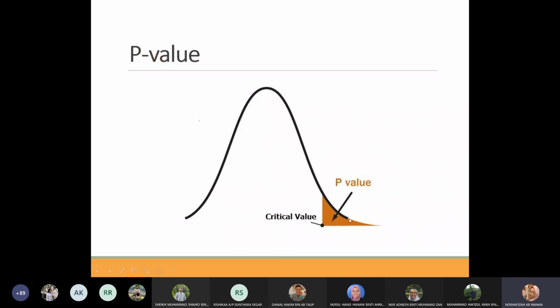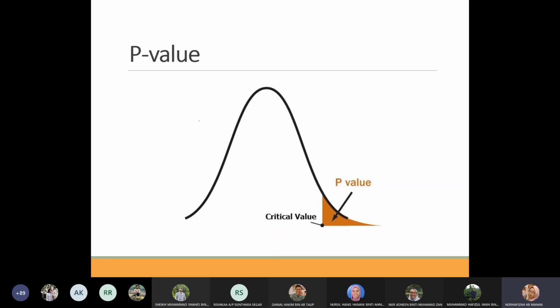The critical value here is the same as the significance level. You set it before we do the test. The significance level is usually 5%. Until now, there is no other than 1% or 5% set as a significance level for the statistical test.